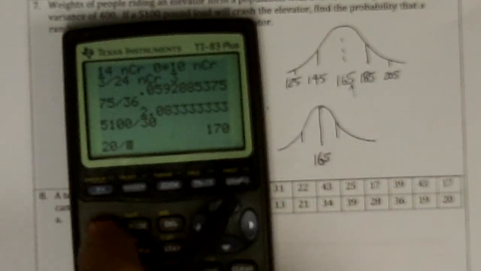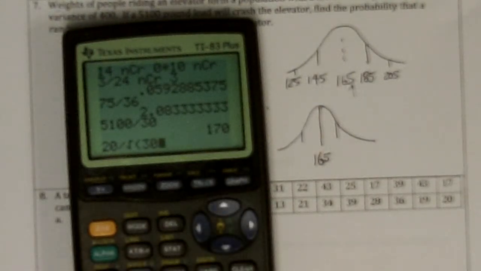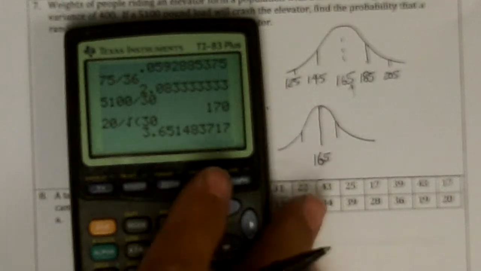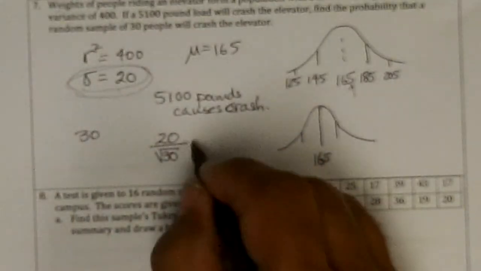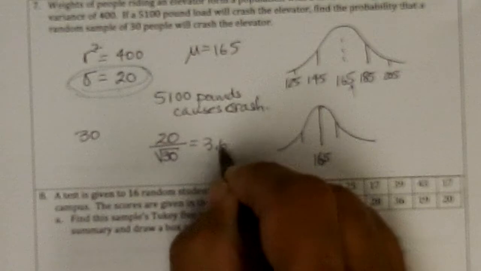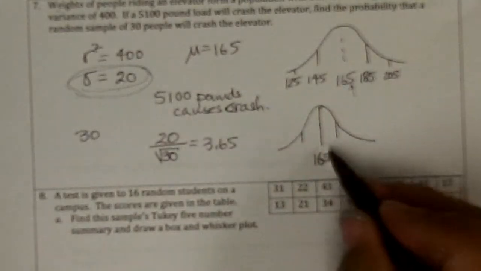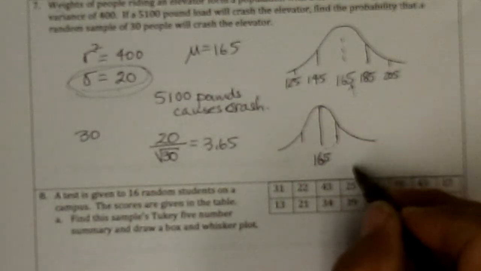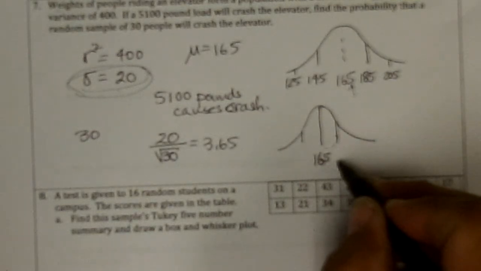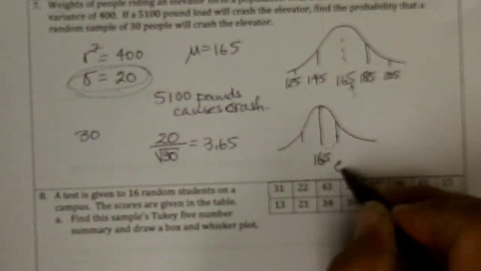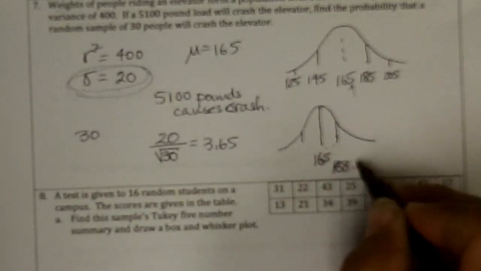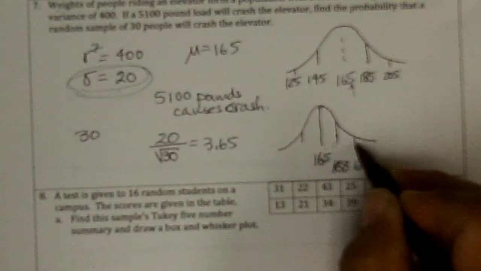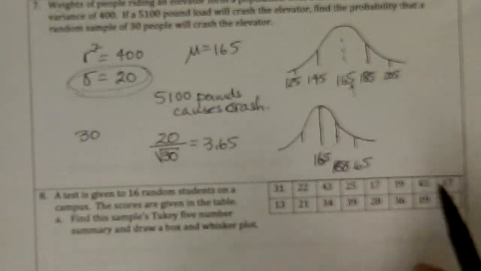So 20 divided by the square root of 30 is 3.65. So one standard deviation above would be 168.65, and then another one up.